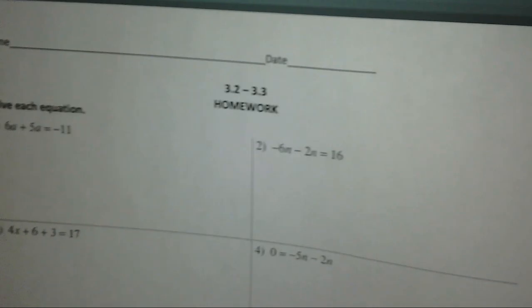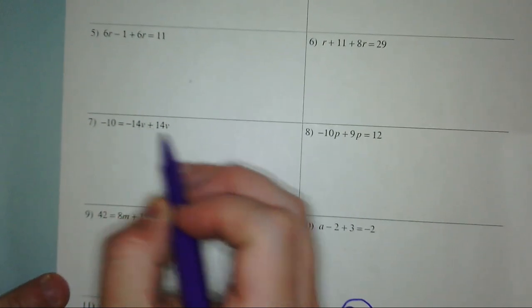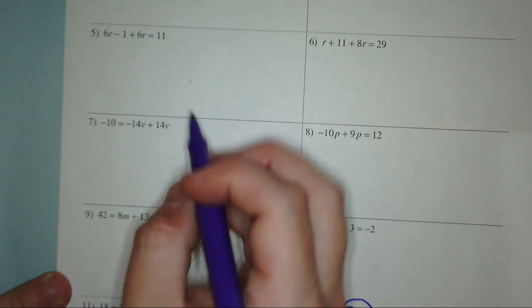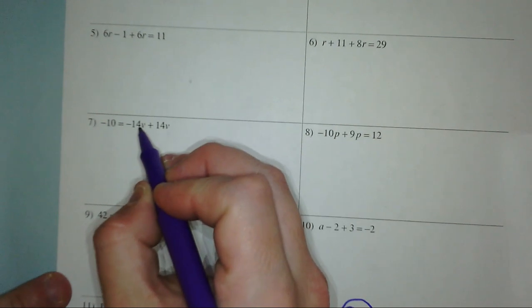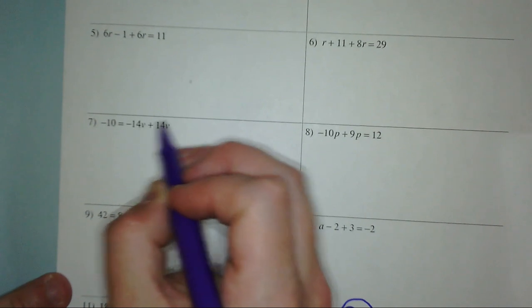Let's see if that happens in the homework really quick. In the homework, I did notice something. So here, gang, on your eventual homework, it looks like that happens at least one time with number 7. Check out number 7 on our homework. -14v plus 14v. That's already on the same side.